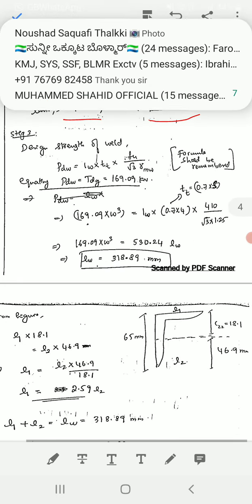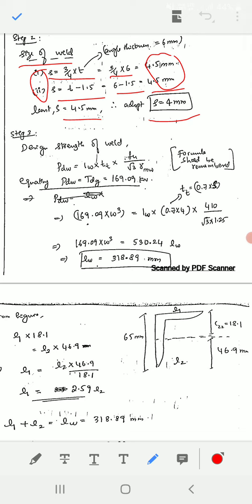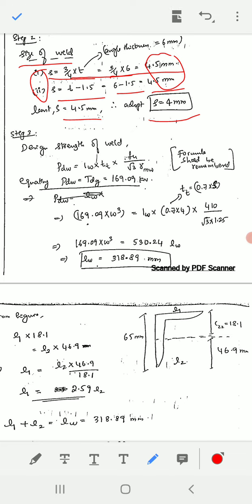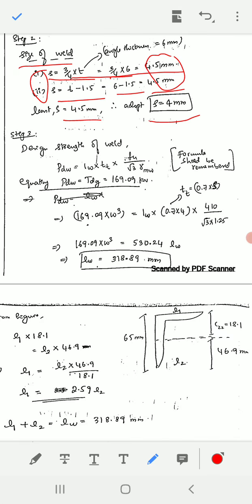Move forward. Then third step is design strength of weld. The Pdw is equal to Lw into Tt into Fu by root 3 gamma mw. This formula is not there in the code book. You have to remember that formula.